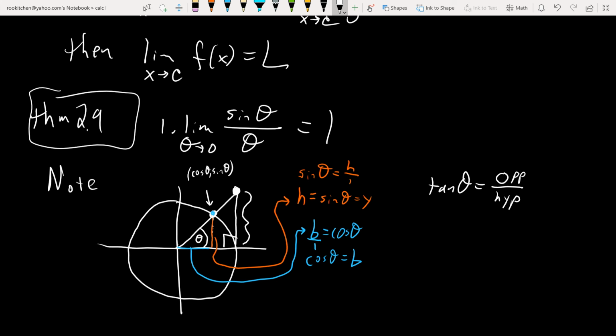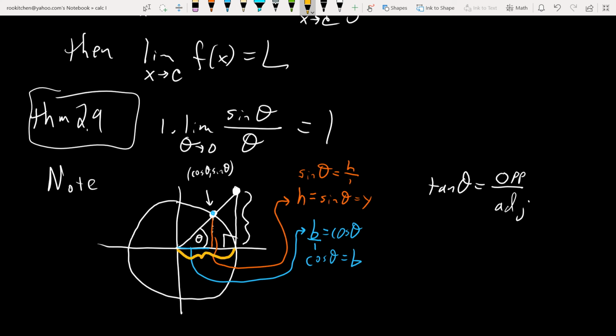Sorry, over adjacent. It's been a while since I've done some trig, obviously. So opposite over adjacent, I apologize. Opposite is the one I put with the curly bracket, and adjacent I'll put in yellow. That's this length right here.